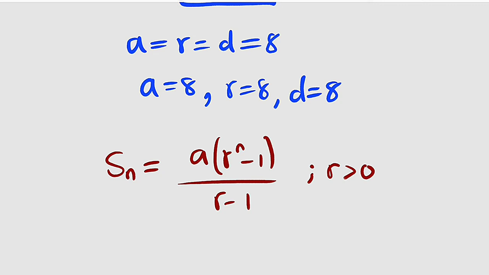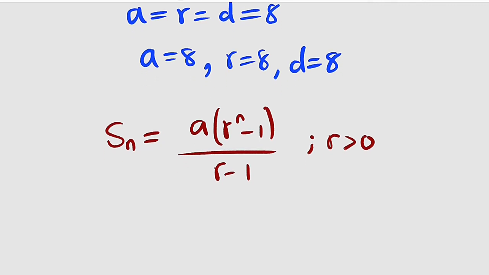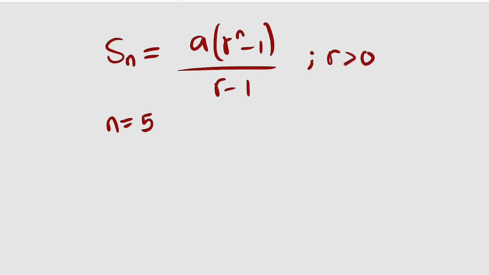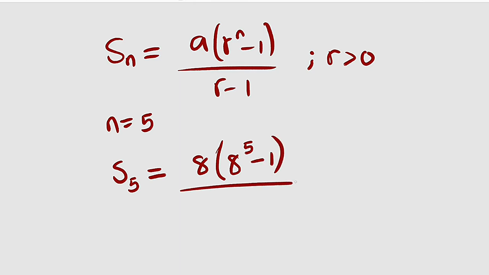So let's substitute. We are looking for the sum of the first 5 terms, where n is equal to 5, right? And we have seen that A is equal to 8 and R is also equal to 8. So S5 is equal to 8 for A, R is also 8 to the power of n, which is 5, minus 1, divided by R, which is also 8 here, minus 1.